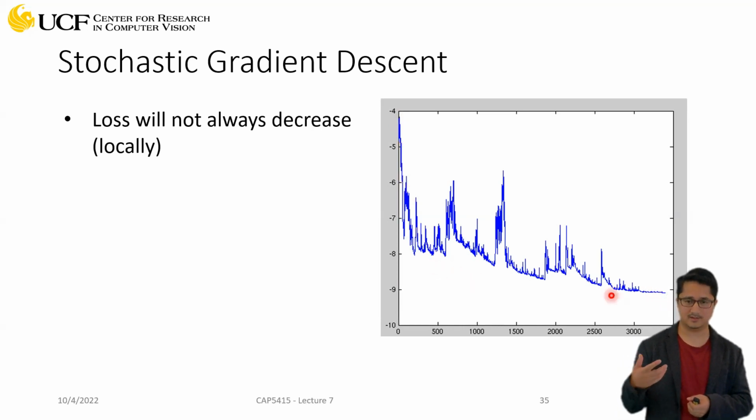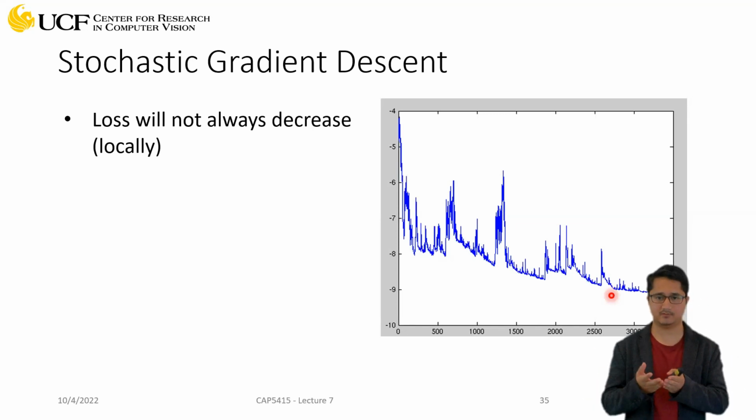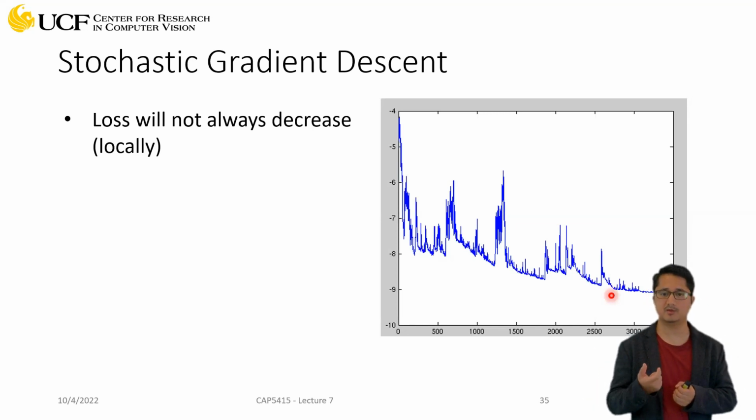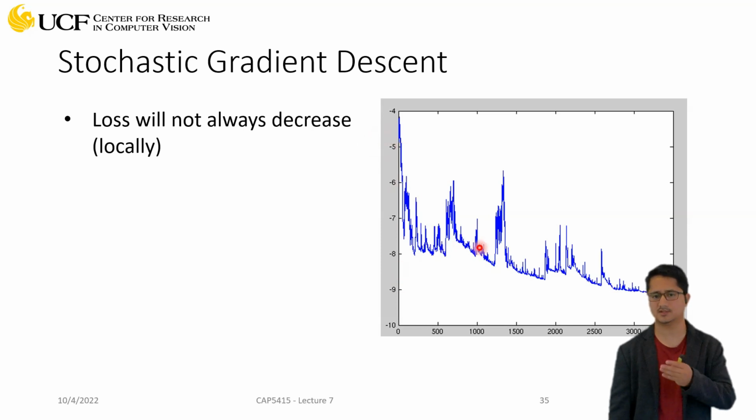But as I said, you're not training your network on all the images at once. You are taking a mini batch at once. So your loss might not always go down if you validate on the testing or validation samples. You will see something like this, which is more realistic.